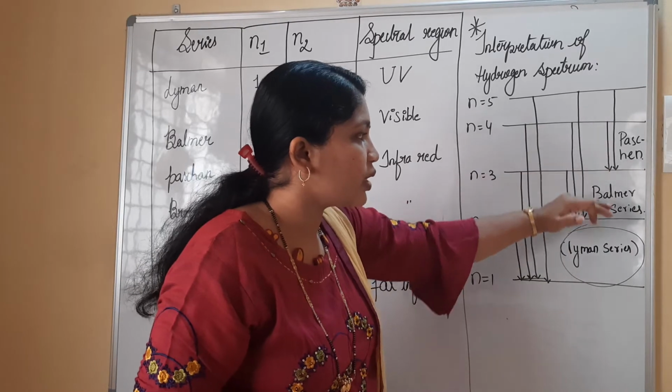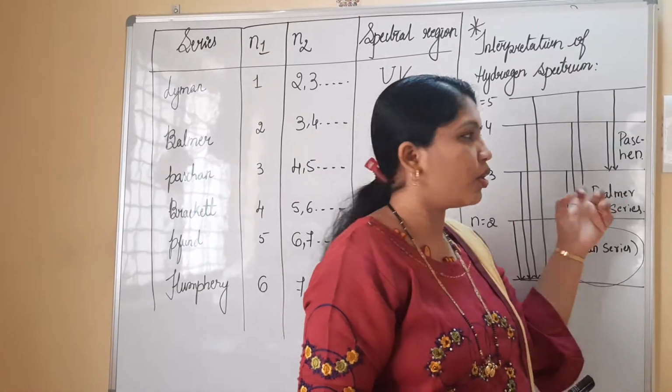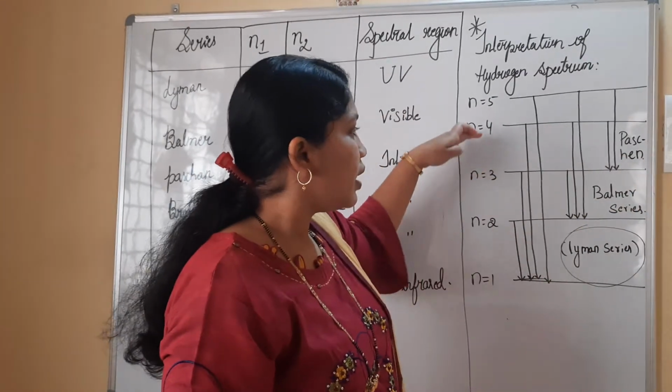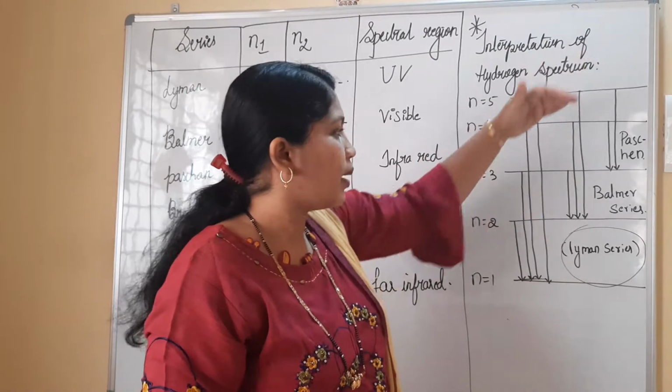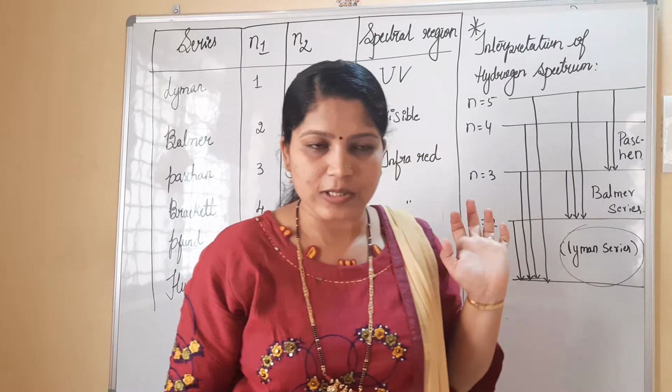All the electrons coming back to n equal to 2 is called the Balmer series. Okay. Now next we have the Paschen series. If all the excited electrons come back to n equal to 3, then that series is called the Paschen series.